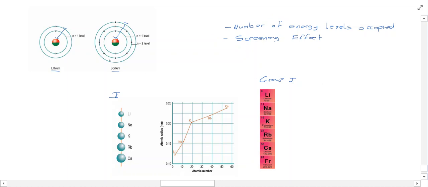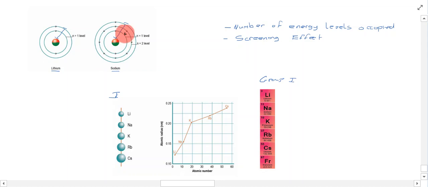What we mean by the number of energy levels occupied: if we take lithium, for example, there are two energy levels, and between the nucleus and the outermost electron there is one occupied energy level. Sodium has two energy levels, n is 1 and n is 2, that are fully occupied between the nucleus and its outermost electron.